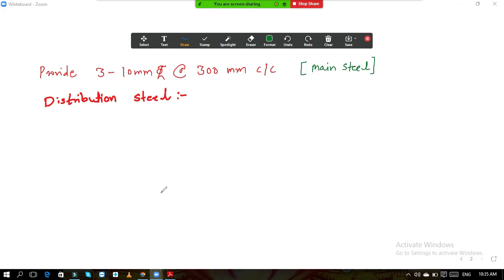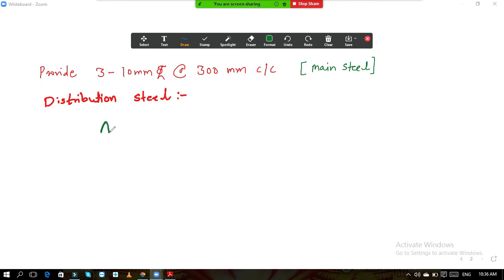I have already shown you the clause. According to the clause, if Fe415 or Fe500 steel is used, then it is 0.12% of gross area. That is your distribution steel. And if Fe250 is used, then it is 0.15% of gross area.